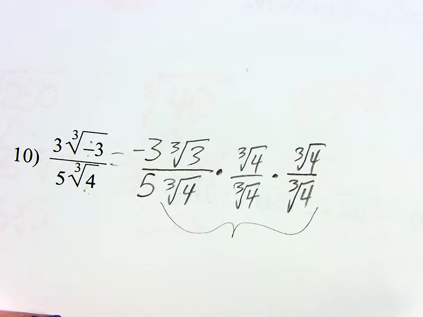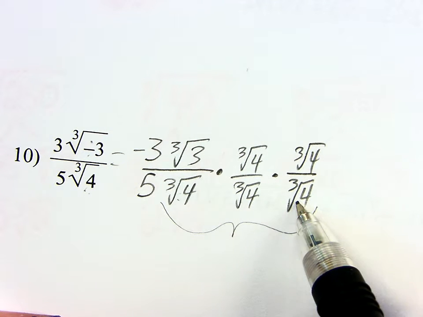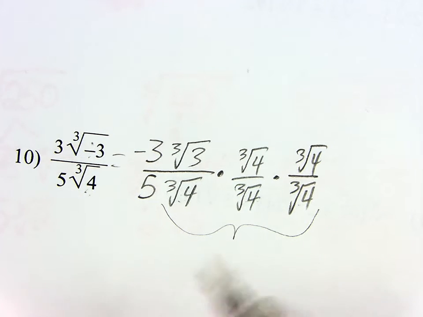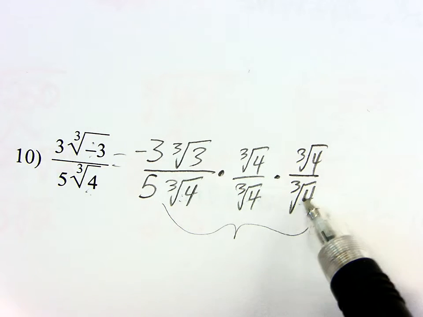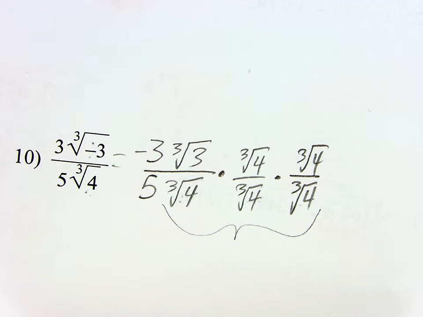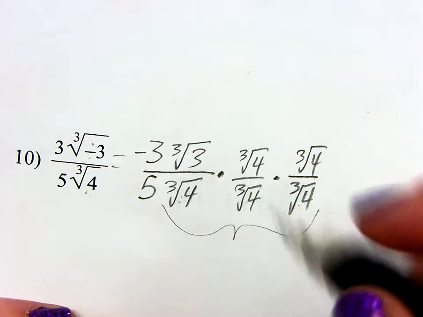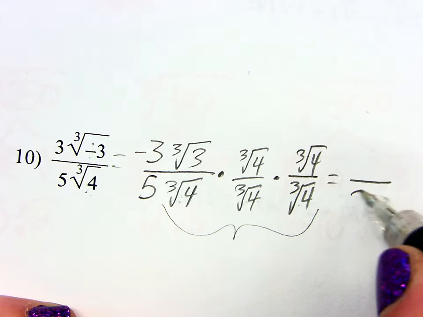When I multiply these three together, what do I get? Isn't it just 4? It's the cube root of 64, but isn't that just 4? Because when you cube a cube root, it undoes itself. So my new denominator is going to be 20.